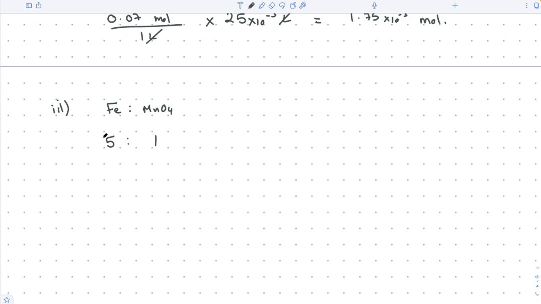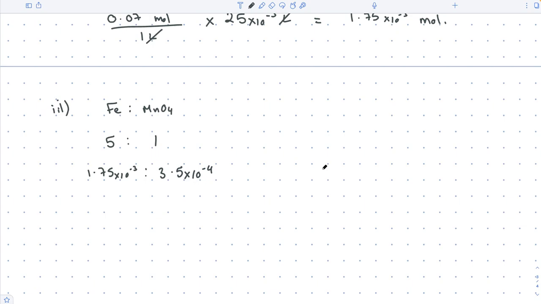And then what I'm going to do is I'm going to put this in. So I'm going to say 1.75 by 10 to the minus 3. That number is 5 times bigger than the number that should be over here. So I'm going to divide it by 5 to make it 5 times smaller. So 1.75 by 10 to the minus 3, divide that by 5, and I'm going to have 3.5 by 10 to the minus 4. I'm just using the ratios there to deal with that.